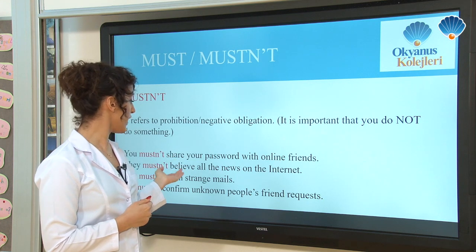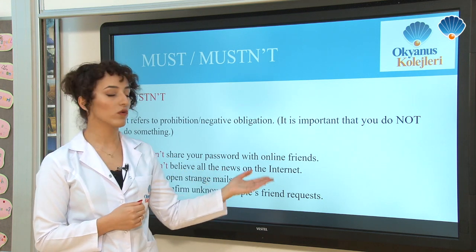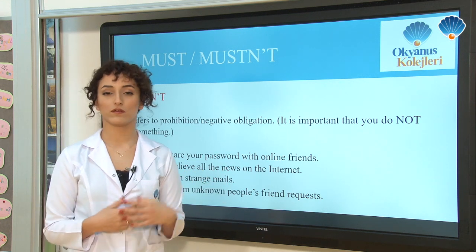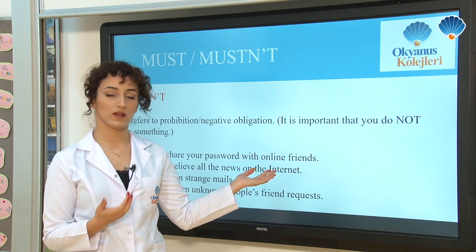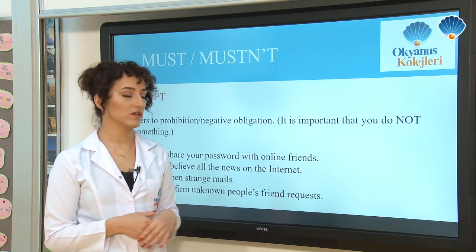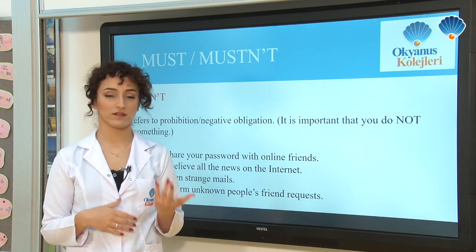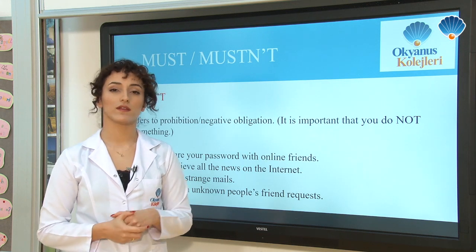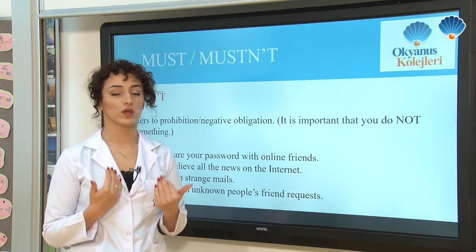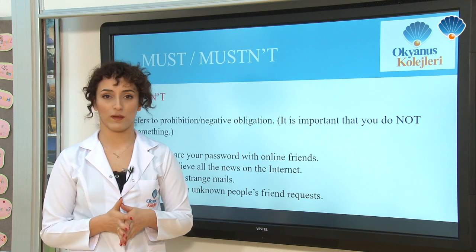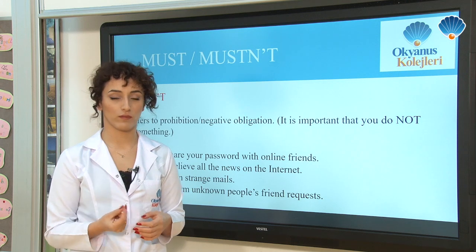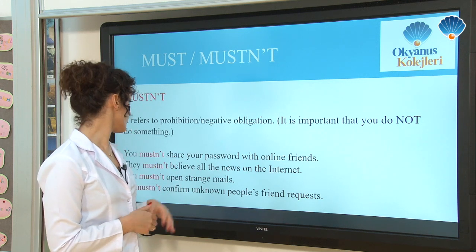You mustn't share your password with online friends because you don't know whether online friends are real or not. So they can steal your money or they can steal something, they can harm you. That's why you shouldn't give your password to them.